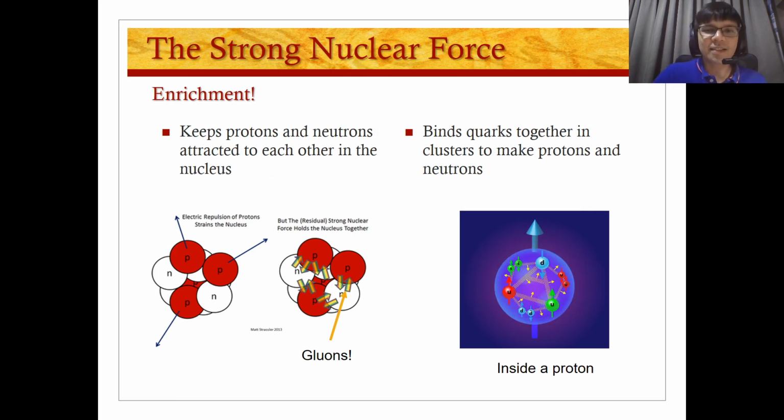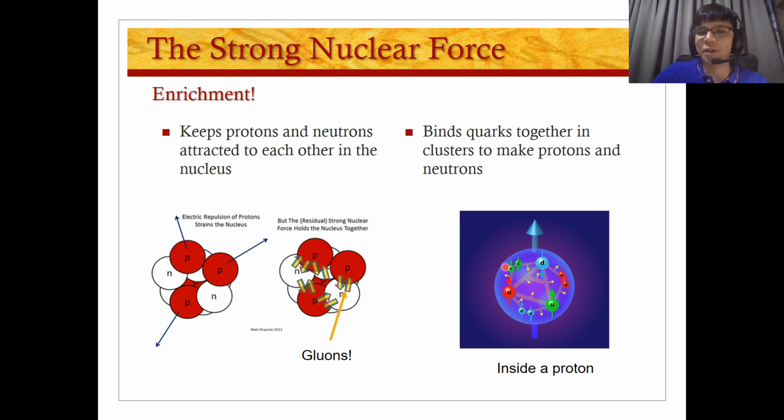The strong nuclear force actually binds the quarks together. This is a picture of a model of what a proton could look like inside. You can see inside the proton there are up quarks and a down quark. These are the subatomic particles that make up a proton, and the three of them are kept together with this spring-looking bond here. We call this the strong force, carried by gluons.